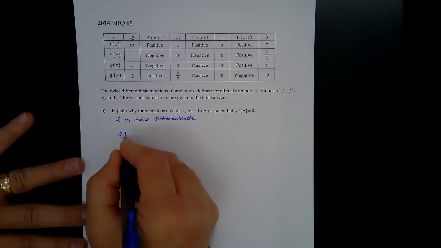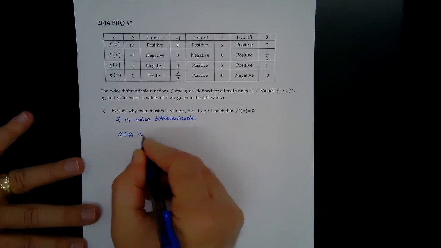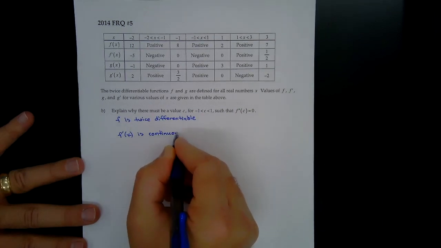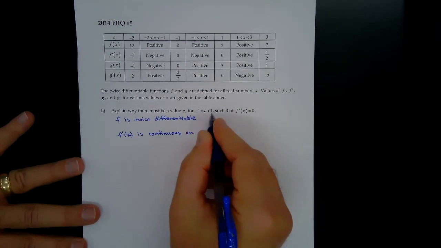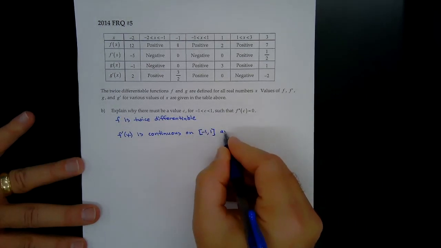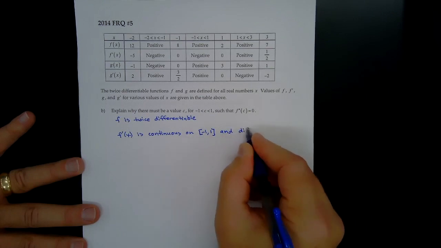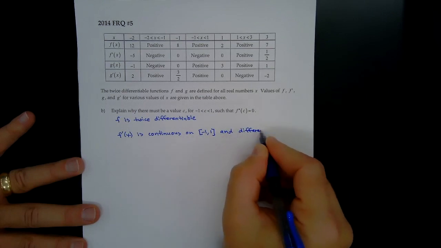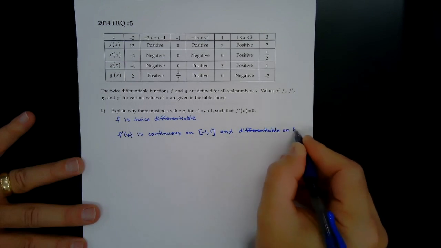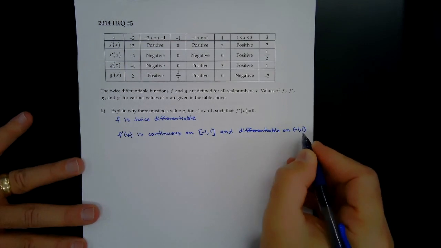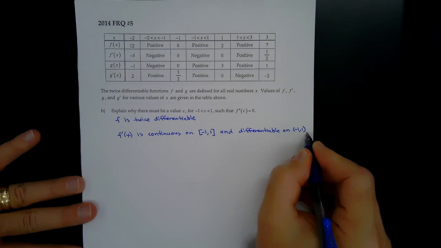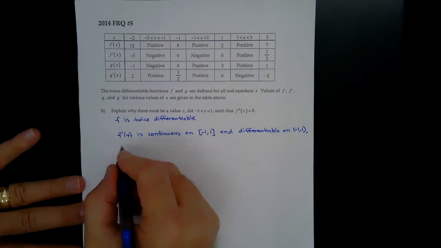So f prime of x is continuous on -1 to 1 and differentiable on -1 to 1, the open interval.